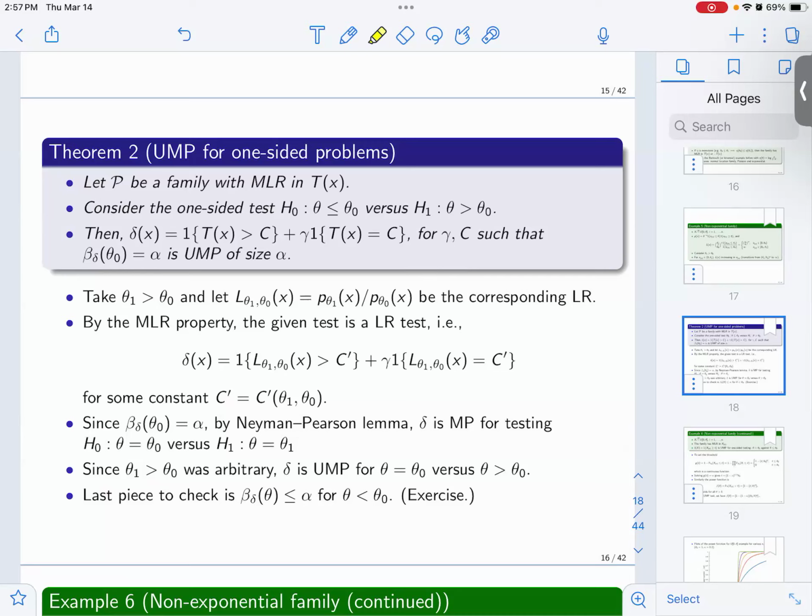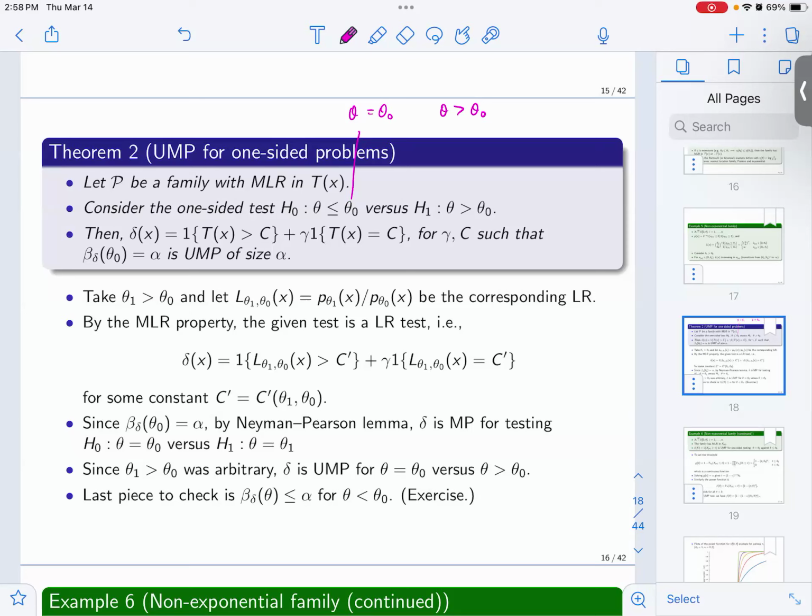And if you look at these one-sided tests, in this case you can also let theta be less than theta naught. We did it for this, but this result also suggests that I can make the alternative composite. Let's consider this case for now, for simplicity.